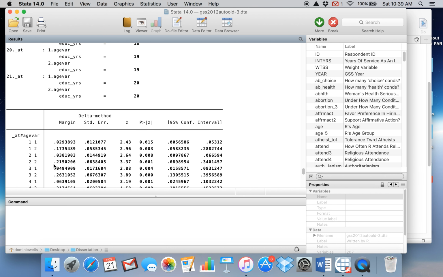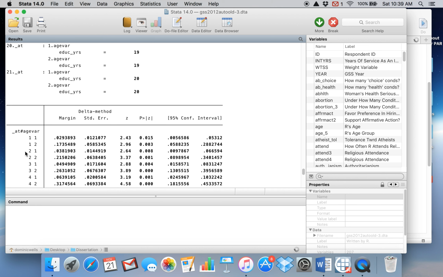So you have 1 year of education for people under 30 and 1 year of education for people over 60. And as you can see, people over 60 are much more likely to vote with 1 year of education than people under 30 with 1 year of education.